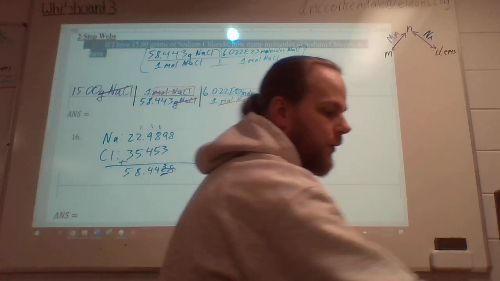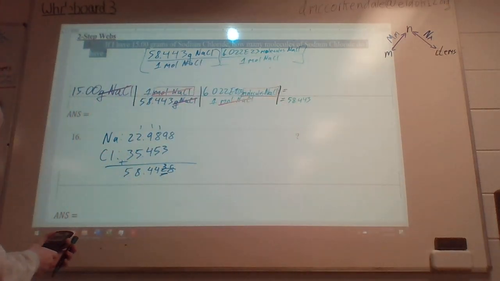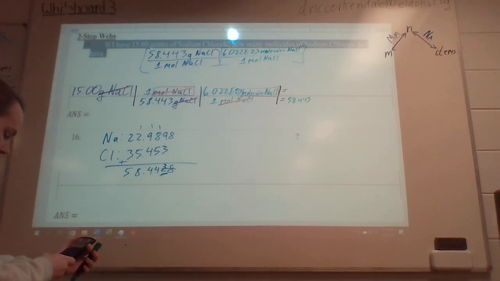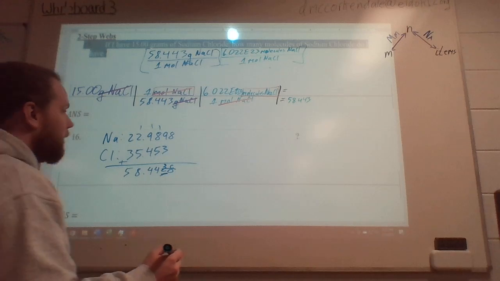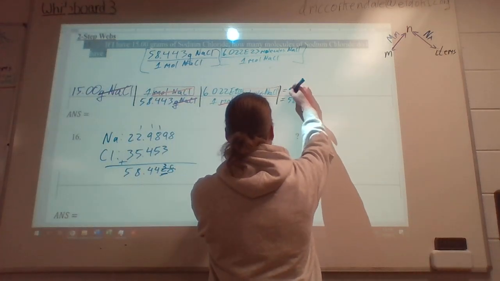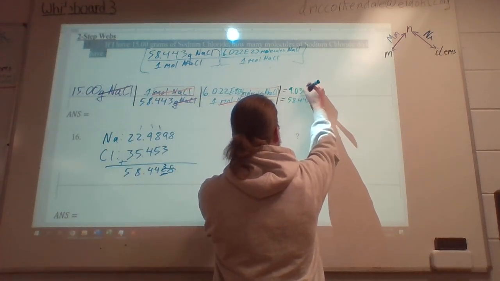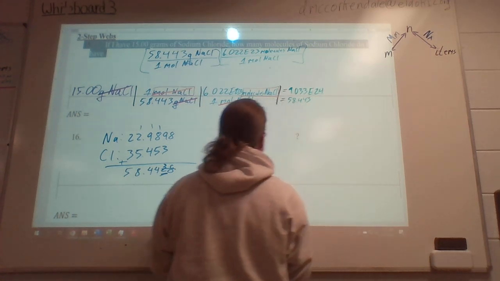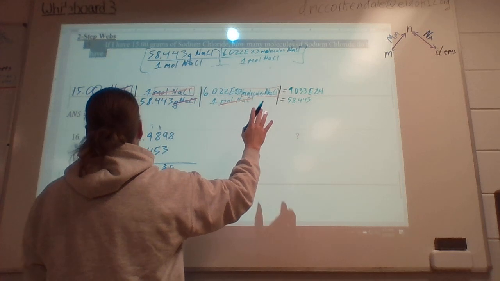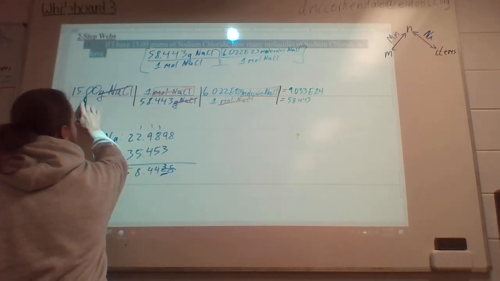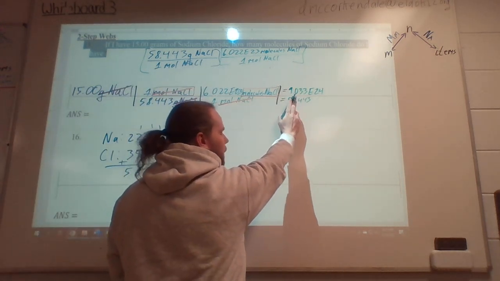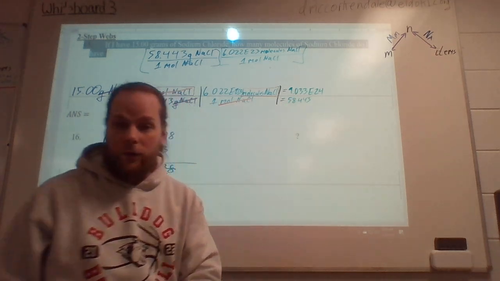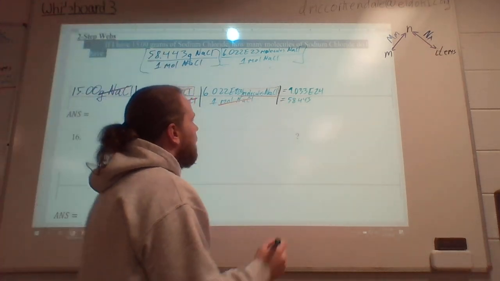So 15.00 times 6.022 E23 gives us 9.033 E24. And now to check our digits, we have 4 and 4. So we can leave this as it is because we got a 4-digit number.